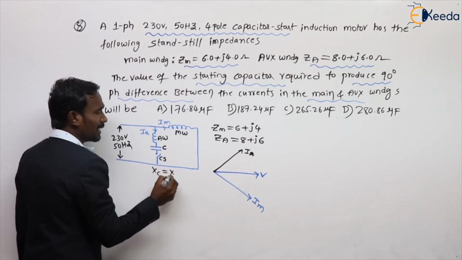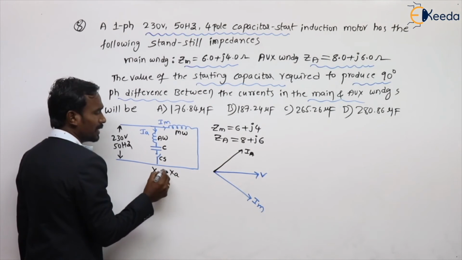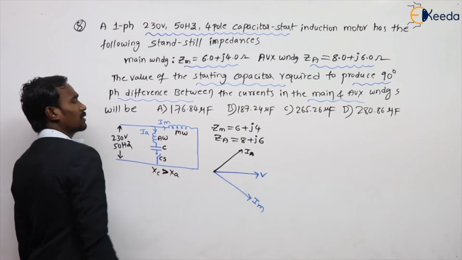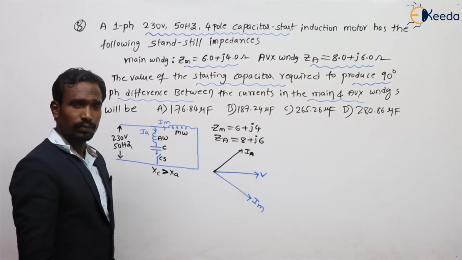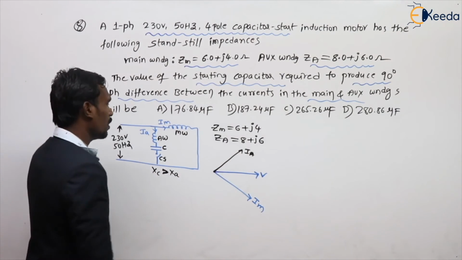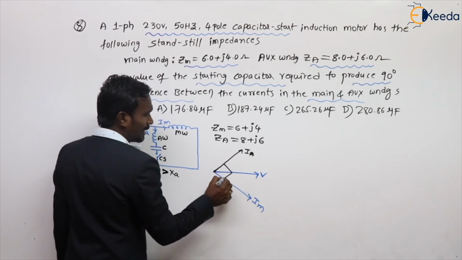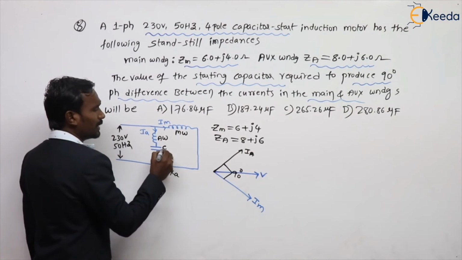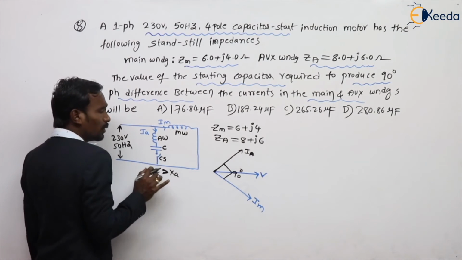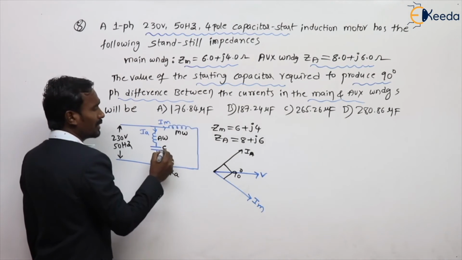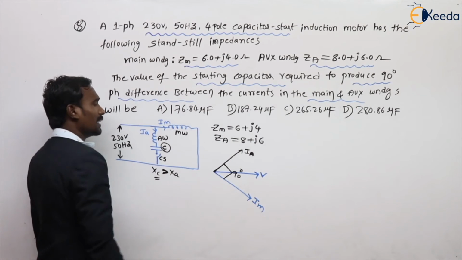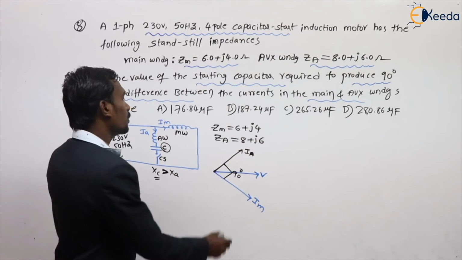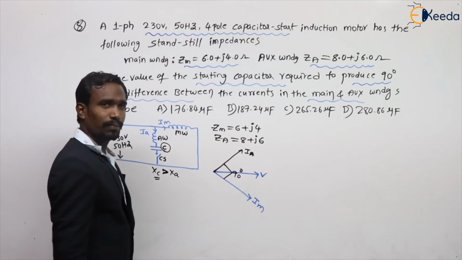Xc is greater than Xa, so this is a leading load. Now, if this angle is 90 degrees, what is this Xc? They asked for C, not Xc. What is the capacitance we have to add to get 90 degrees between them?